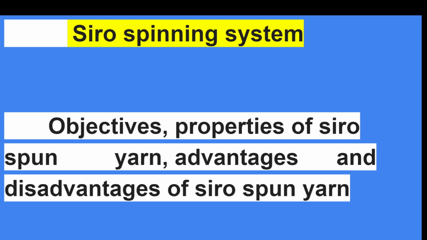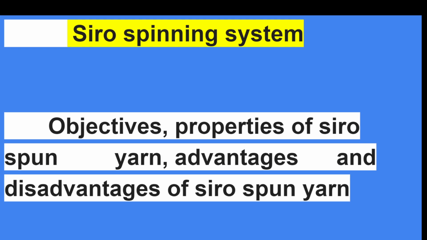But Siro spun yarn cannot be used directly in the weaving process because Siro spun yarn has very high irregularities, and the fiber trapping in the double folded Siro spun yarn is very poor.